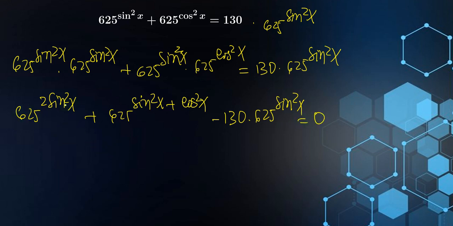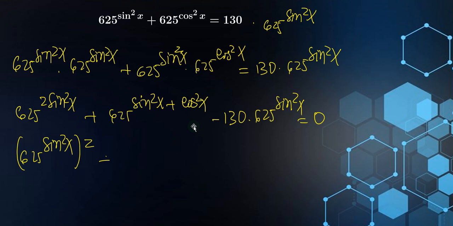And then this one I can write as 6 to 5 to the power of sine square x, this one times 2, and then minus 130 times 6 to 5 to the sine square x, and then sine square plus cosine square is 1, so I'm going to have plus 6 to 5, and then this is equal to 0.